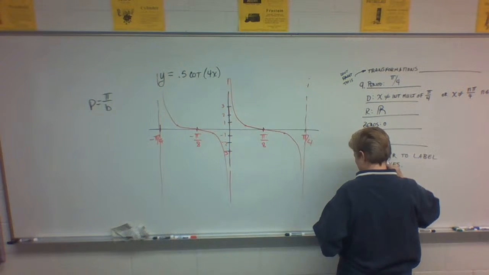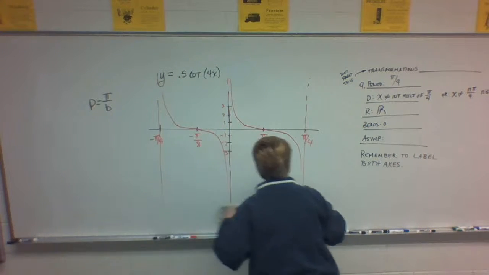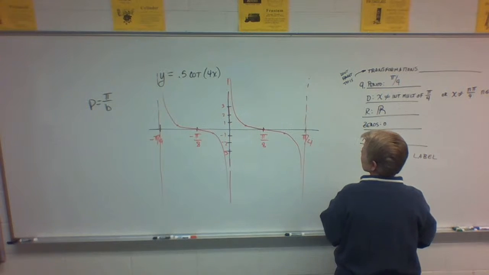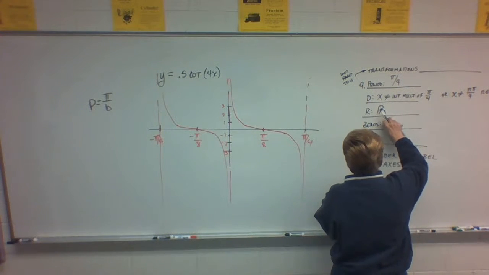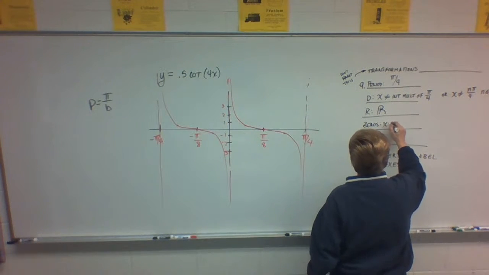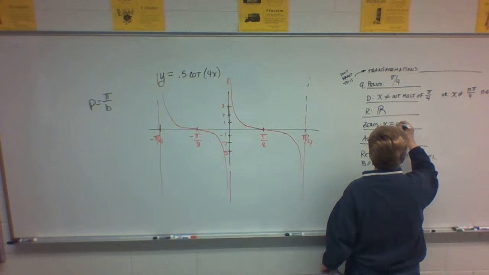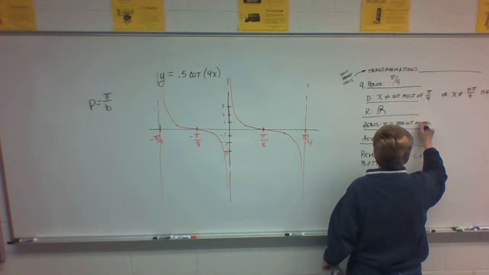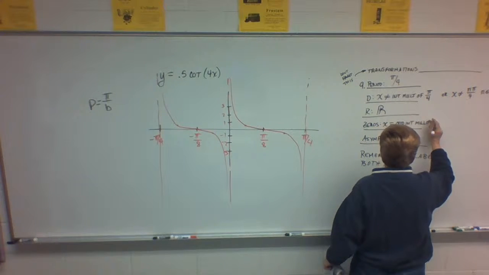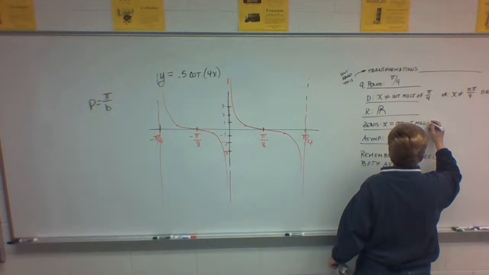The zeros occur at x equals, not not-equals, because we're trying to include them this time. X equals odd integer multiples of pi eighths.